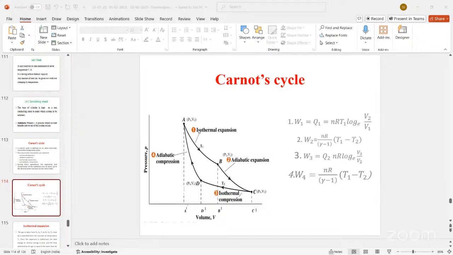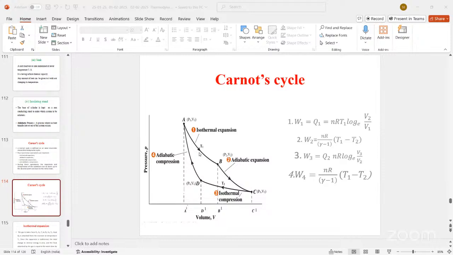Here we have four operations: isothermal expansion, adiabatic expansion, isothermal compression, and adiabatic compression. In the first step, we get W1 = Q1 = nRT1 log_e (V2/V1). What happens here? Isothermal expansion of the gas from P1 V1 T1 to P2 V2 T1.